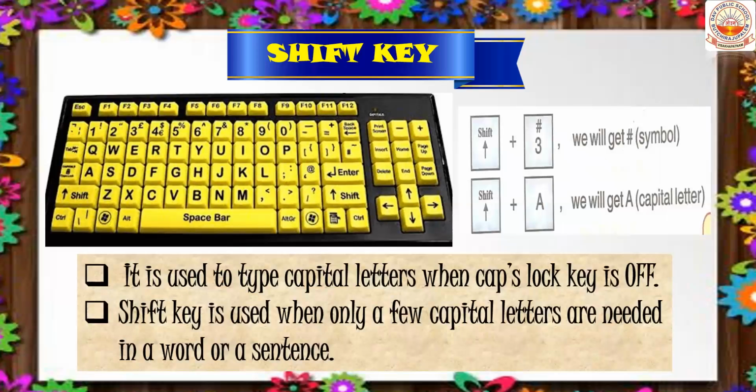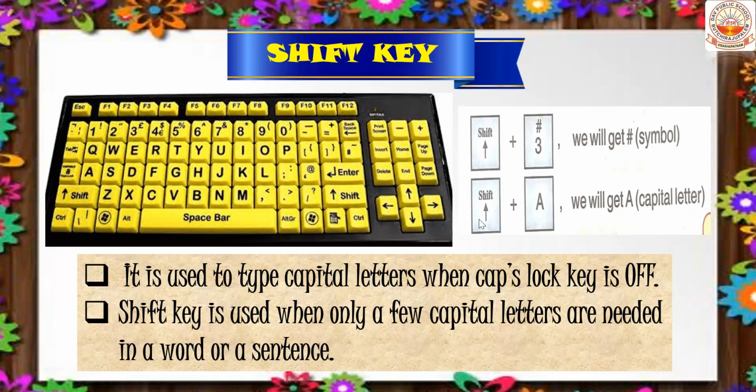Okay, children. So above in the example, you can see how to get symbols and how to get capital letters. In the first one, you can see the shift key. Here you are using shift key plus 3. Then what will you get, children? This symbol you will get. Suppose you want to get capital A. What do you have to do?